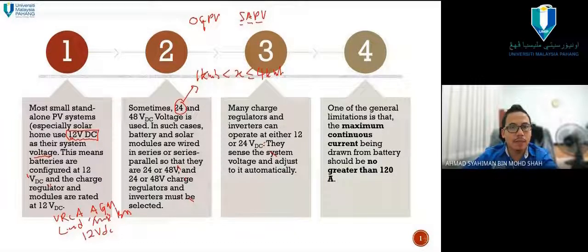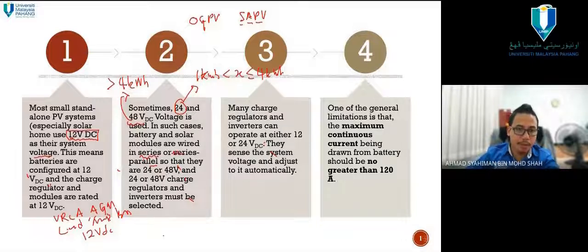And for 48 volt DC system, more than 4 kilowatt hour. In such cases, battery and solar module are wired in series or series parallel. So that's why the series and series parallel come in.